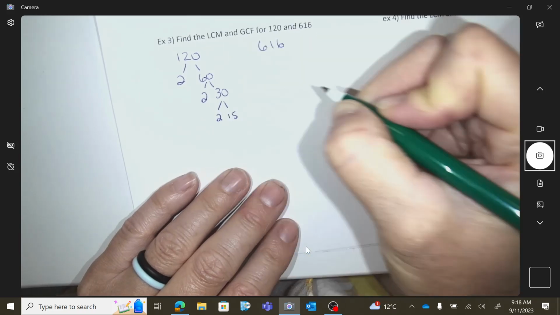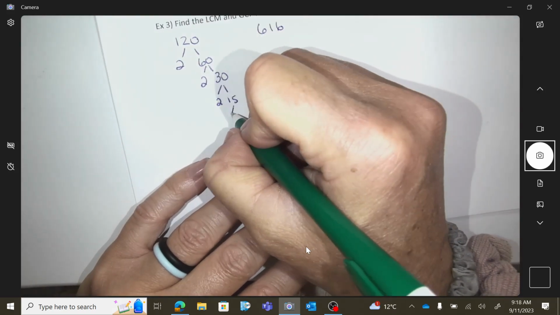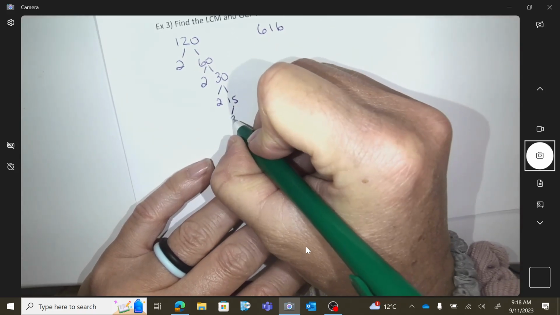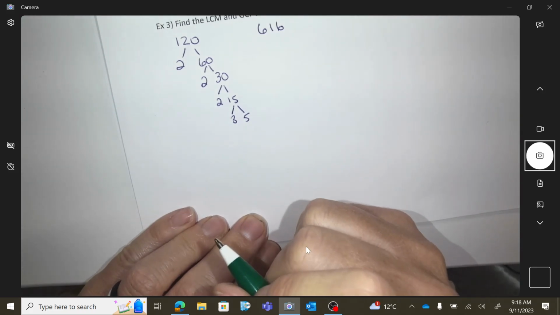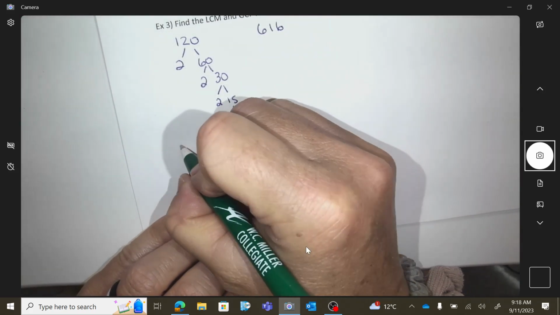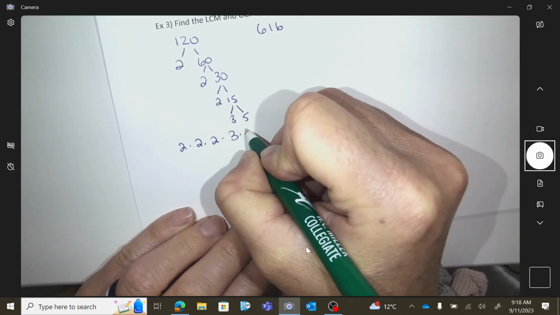Divisible by 2, yes. 2 times 15. 15 is 3 times 5. So altogether I have 2 times 2 times 2 times 3 times 5.